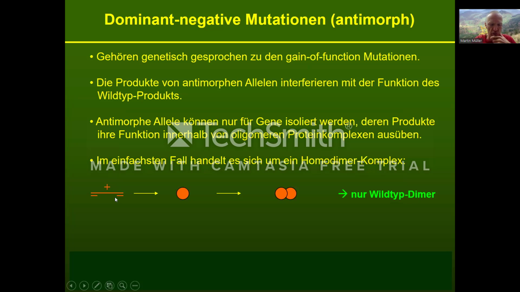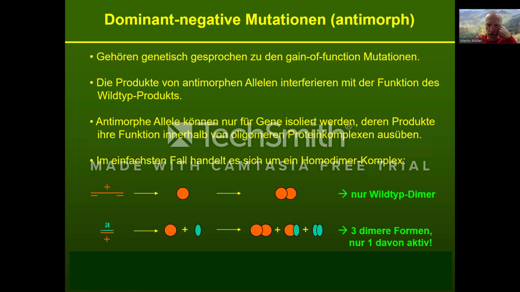We have a small deletion which removes the gene, and a wild type copy, and this wild type copy produces a protein, and when a dimer is formed here, this basically works okay, as long as one copy of the gene is sufficient, which is the case for most of the genes in the fly, then you will not realize that actually one copy here is missing. Now in the situation of the antimorph, dominant negative, you have the antimorphic mutation over a wild type.